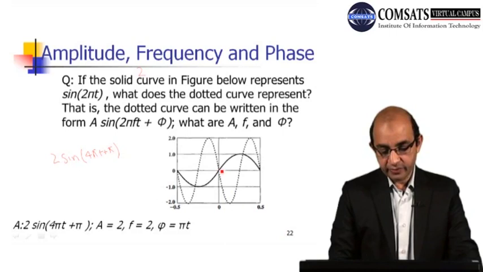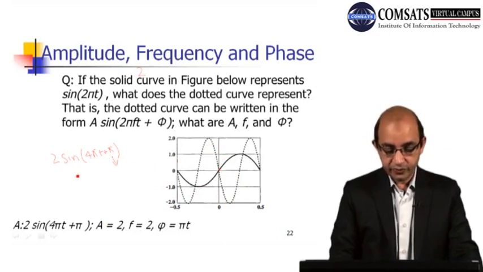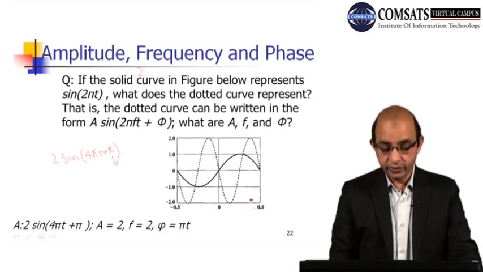If I compare the phase of the solid line and the dotted line, the solid one starts from 0 right away, and here we have a phase difference of pi. That's why we have pi over here, and this is the amplitude of the dotted line, and the frequency is 2.